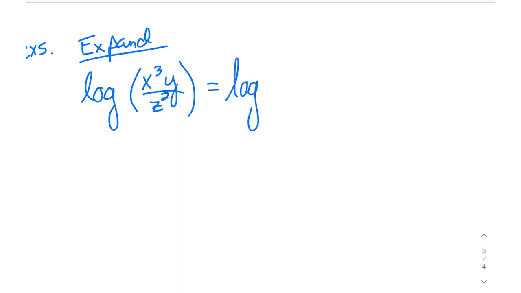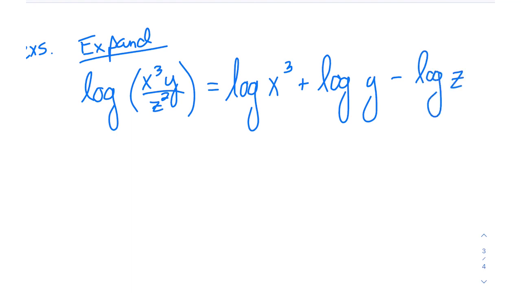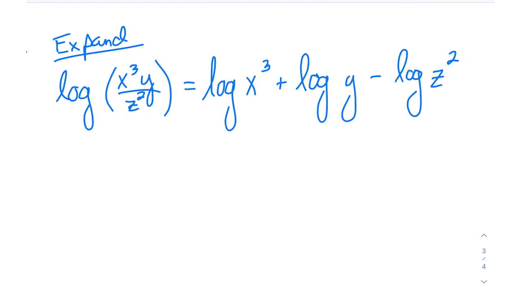And let's see if we can put that together here. So first step would be log of x cubed plus log of y. Right, those are being multiplied. And z squared is being divided. So upon expansion, that gets converted to subtraction. All right, so we've expanded this, but we're not done yet.